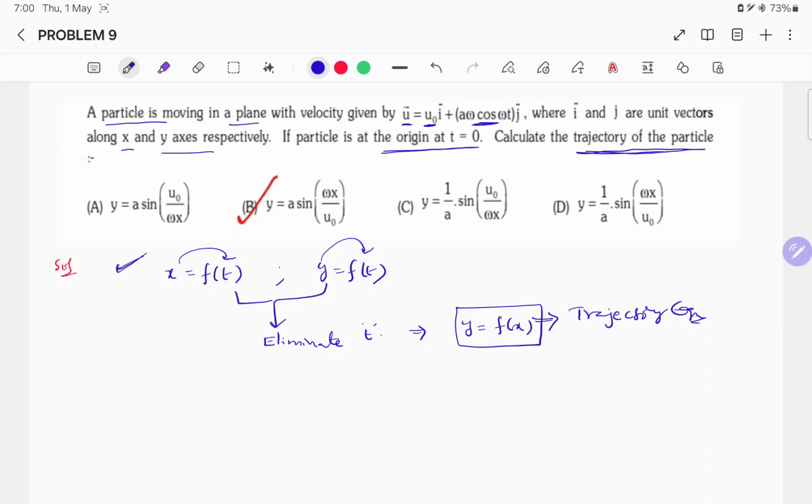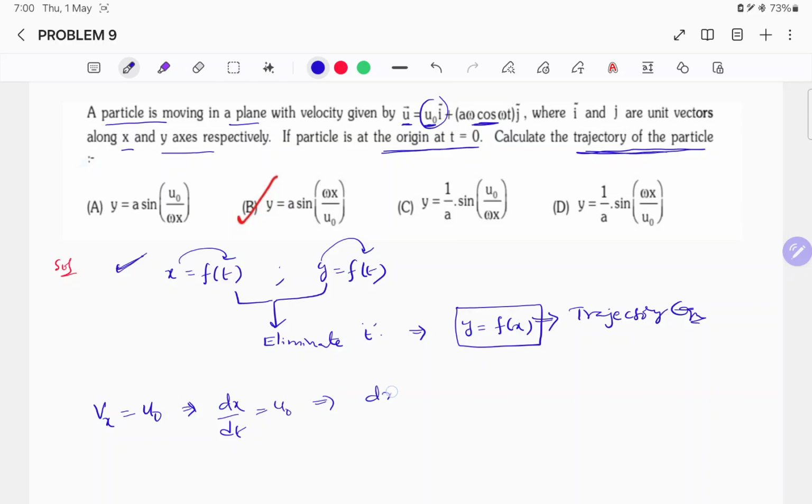But here, if you observe in the question, there is no x as a function of time or y as a function of time, but they have mentioned the velocities. So from those velocities one has to create the positions. Very clearly, what is Vx? Vx is u0, which is constant, along i cap. Can I write it as dx by dt equal to u0?